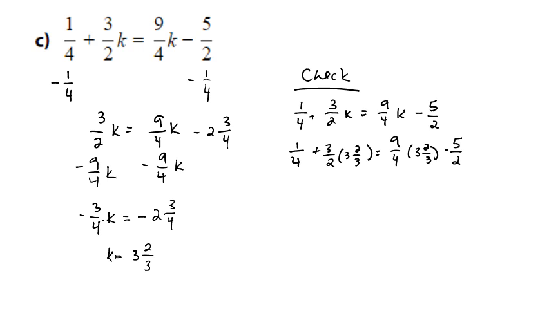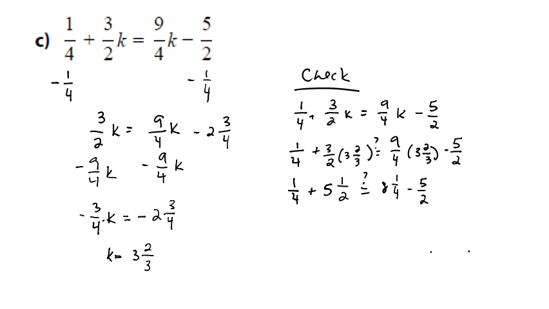My first step is to multiply. So I have 1/4 plus 3 halves times 3 2/3, so I have a quarter plus 5 1/2. Is that equal to 9 quarters times 3 2/3? So I have 8 1/4 minus 5 halves.